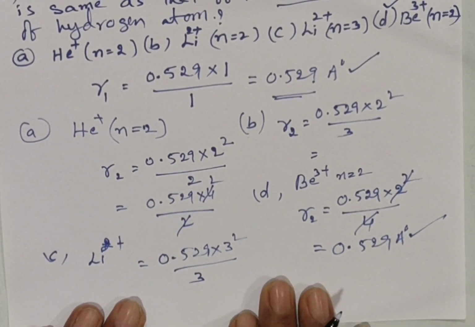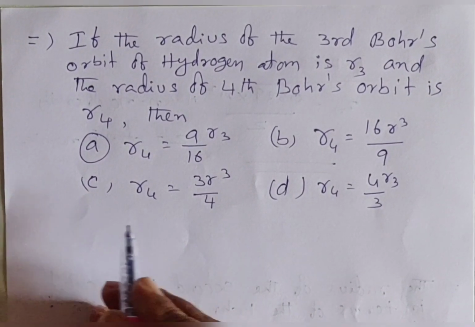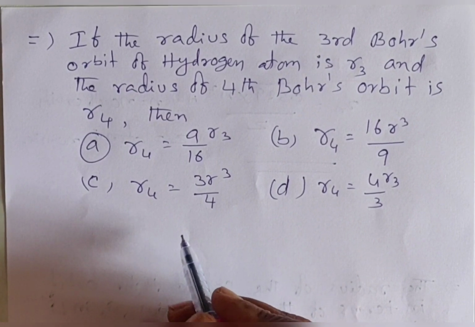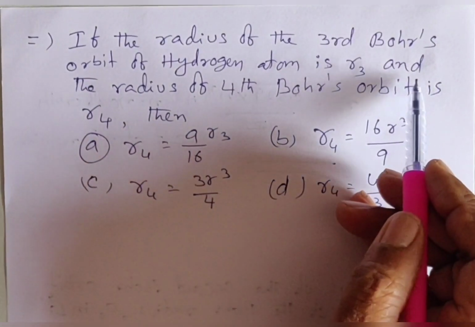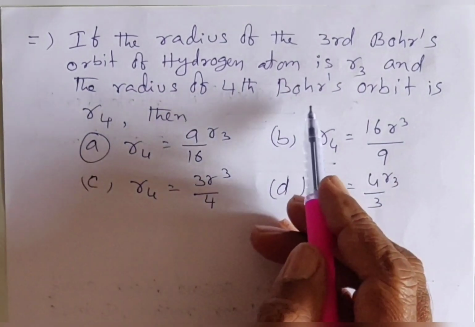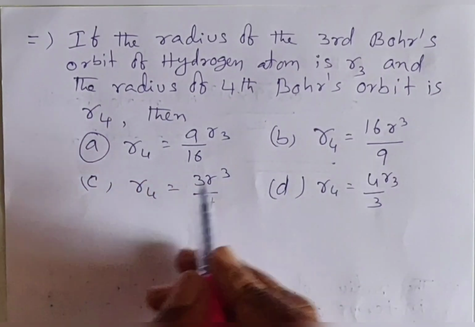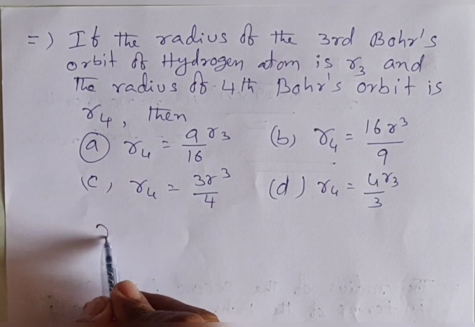Right? Now another radius question was also given in the previous exam. That is, if the radius of the third Bohr's orbit of hydrogen atom is R3 and the radius of the fourth Bohr's orbit is R4, then what is the relation between them? Then first you have to write the mathematical expression.